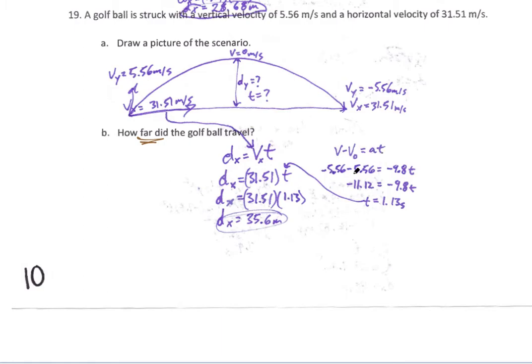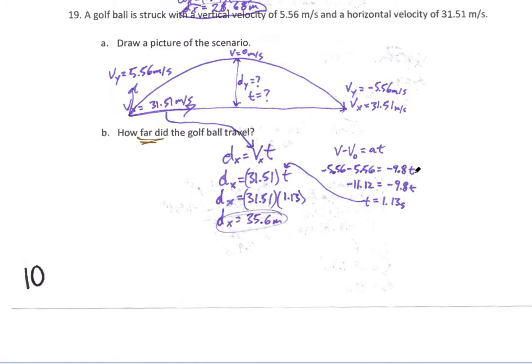All right, so let's see what we got here. We know that our final velocity in the y direction is negative 5.56 minus our initial. Our initial is the positive version of that, 5.56 meters per second. I know what my acceleration is, negative 9.8, coming from gravity, negative 9.8 meters per second squared.